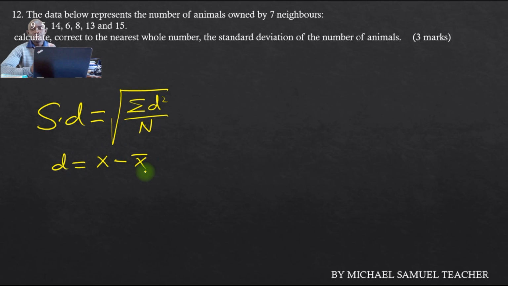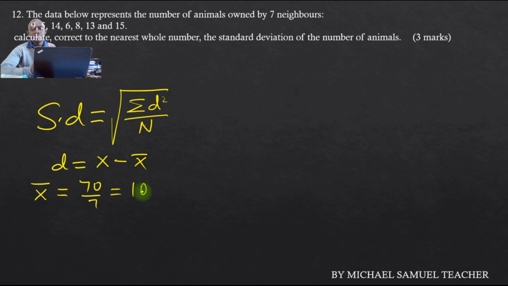If we add all of them, 9 plus 5 plus 14 plus 6, all of them, we get 70. Then we divide by the 7 neighbors, and the mean is 10.